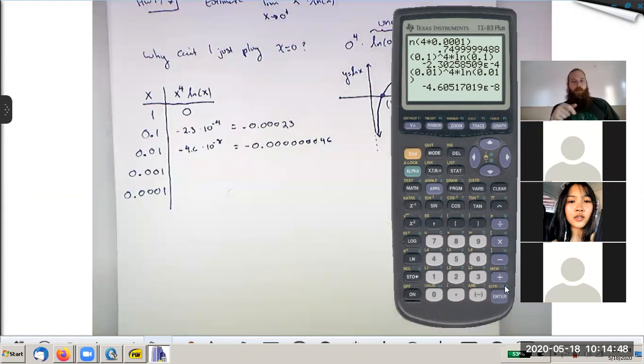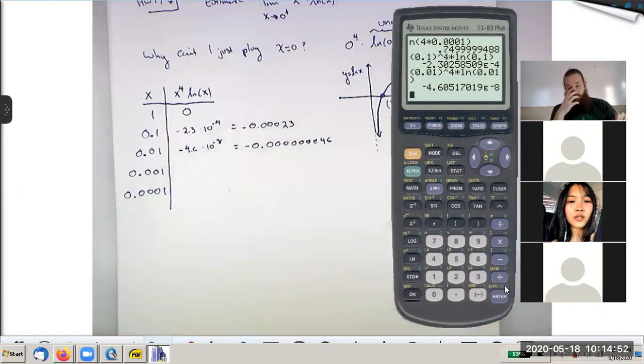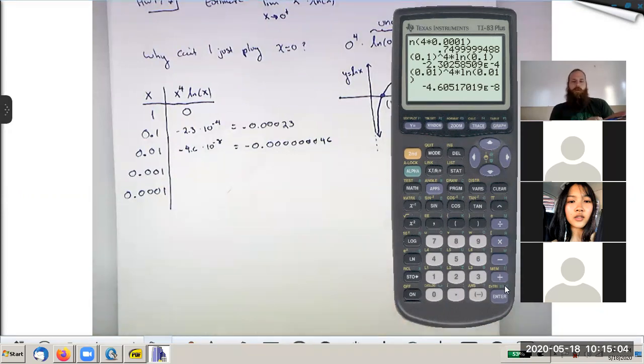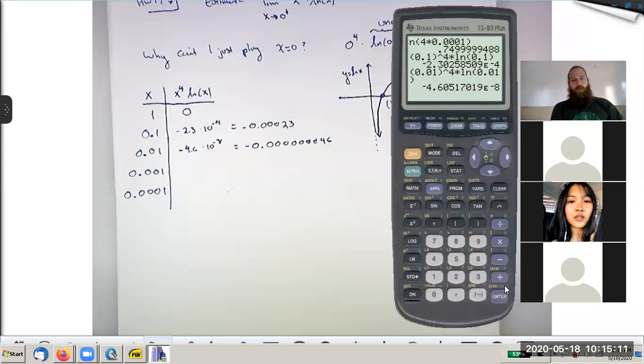You can kind of get a feel for what's happening here. Are these large numbers or are these small numbers? Are they actually smaller? Yeah, they're insanely small, right? Like 0.000004. That's a very, very small number. We'll do one more. I think I might not need this guy to make a reasonable conjecture.